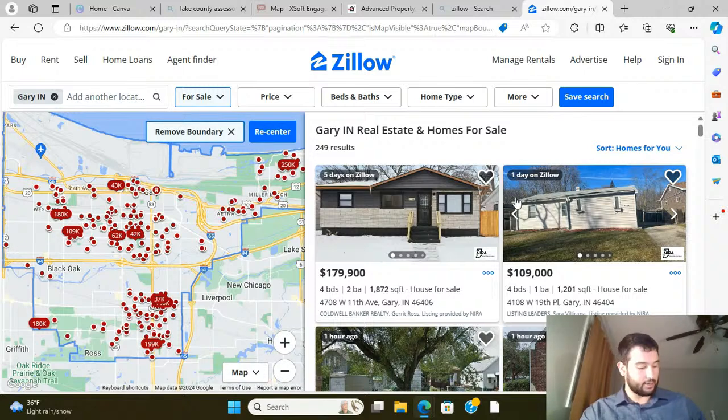So let's see here. 119, 672 square feet times 119. Oh, yeah, like I was saying, comparables is the first one. These are the 3 different ways you can estimate a price. Comparables is the first one. Dollars per square foot is the second one. Dollars per square foot can be rough, though, because that depends on street and area.